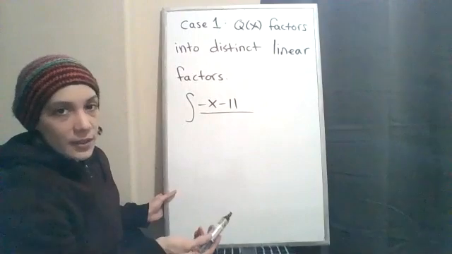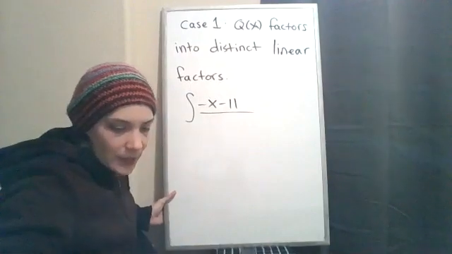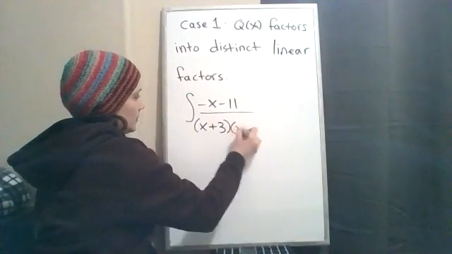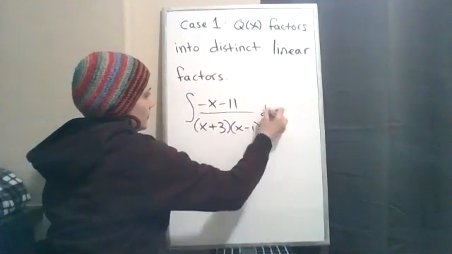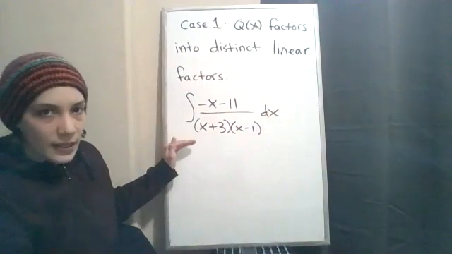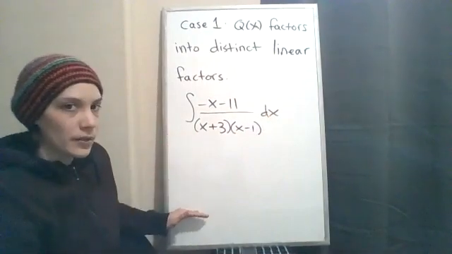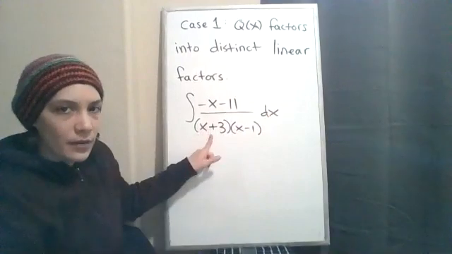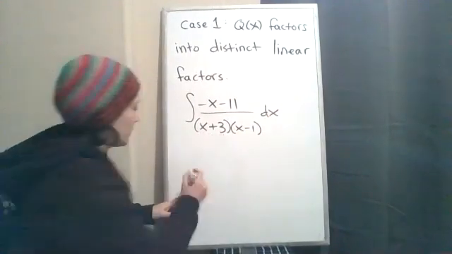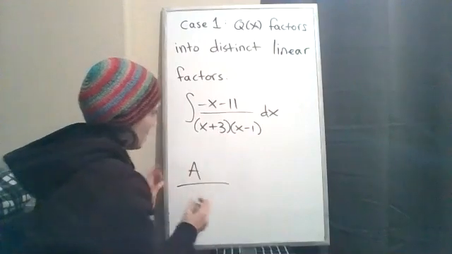Let's go ahead and have that factored form of the denominator. It was x plus 3 times x minus 1. Okay, how to get from here to those other two integrals we had. You have one linear factor, so you need a term like this.